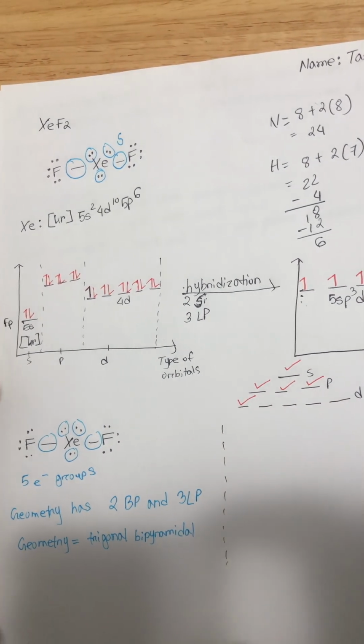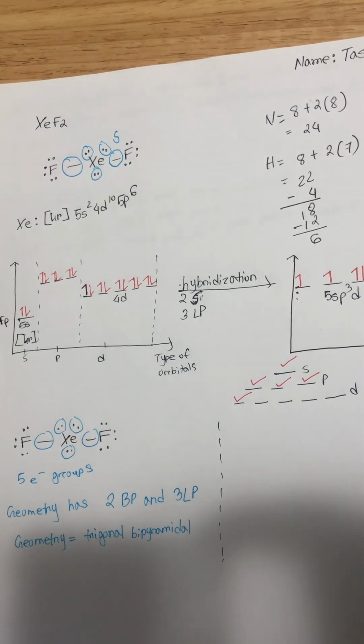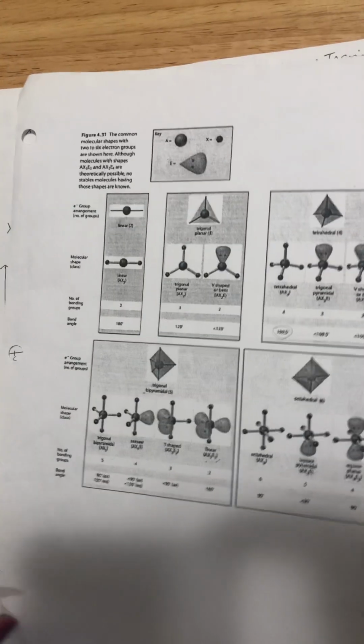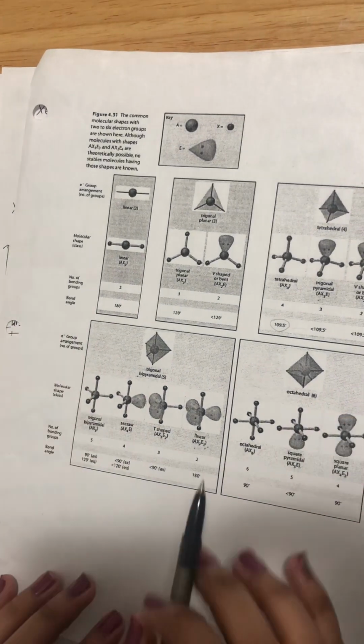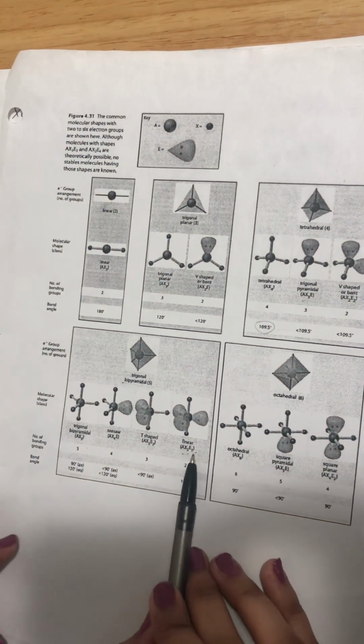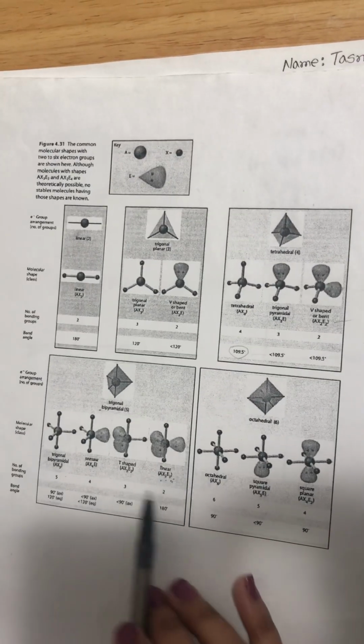We'll now predict the shape of it. If you look at this, we'll see that a molecule with 2 bonding pairs and 3 lone pairs has a linear structure.